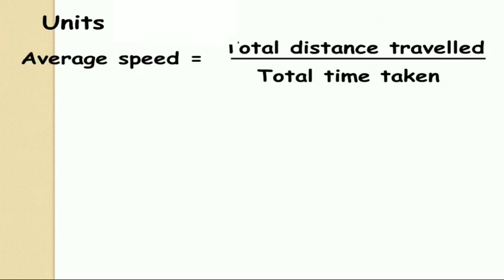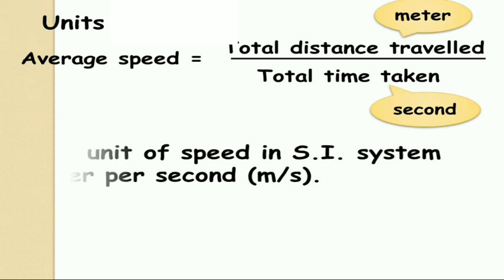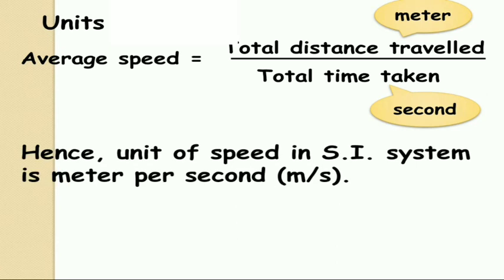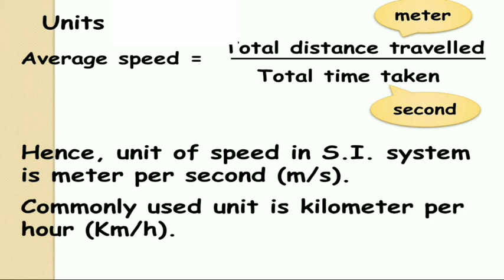Distance is measured in meters and time is measured in seconds, so the SI unit of speed is meter per second. But commonly it is measured in kilometers per hour. If you check any vehicle, it always has kmph.